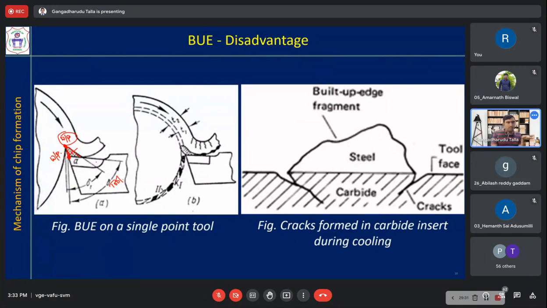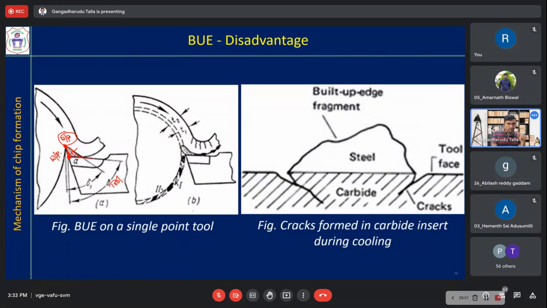Understand? But for effective cutting, the tool should always be harder than the workpiece. Tool material hardness must be higher than the workpiece material for cutting action to take place. So that is not happening now. And not only that, the rake angle is changing.